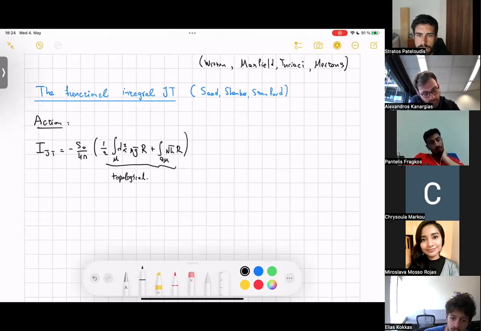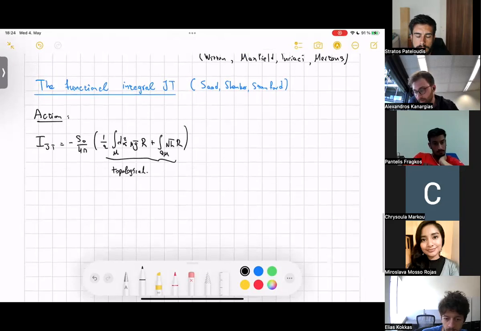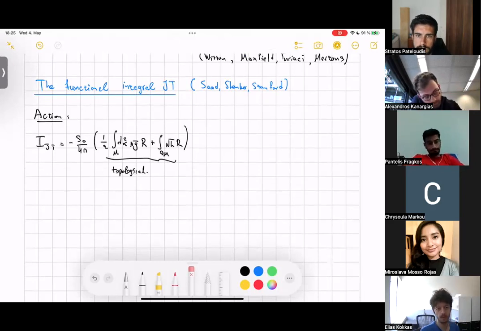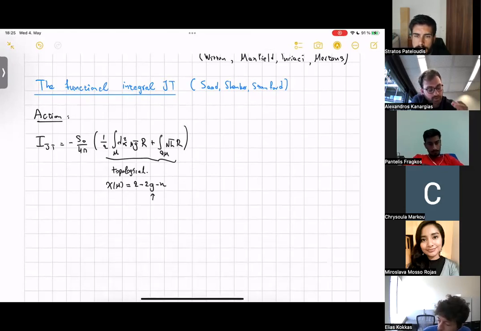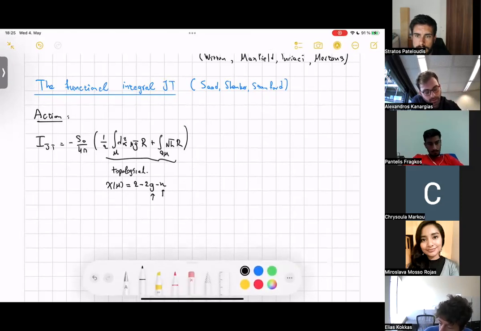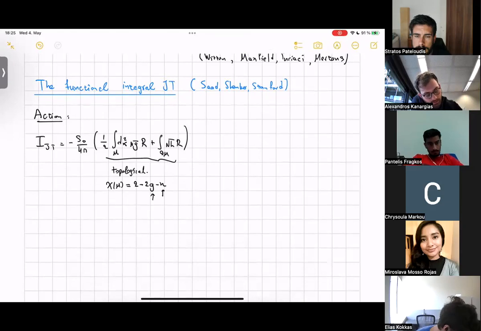This is simply the Gauss-Bonnet theorem, and it will give us a weight depending on the genus of the surface. This is a number, which is called the Euler characteristic, and it's equal to 2 minus 2g minus n, where g is the genus, the number of handles your surface has, and n is the number of boundaries. So for example, if I draw something like that, this has g equals 1 and n equals 2. And then I have minus 1/2.